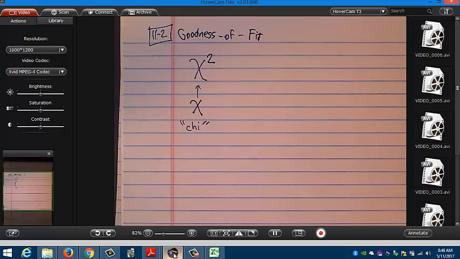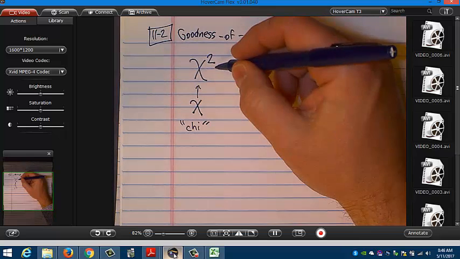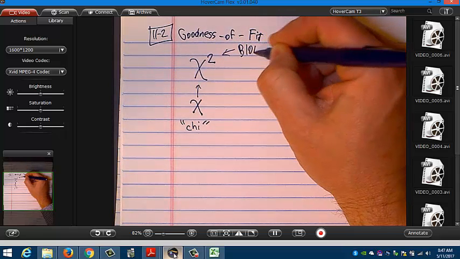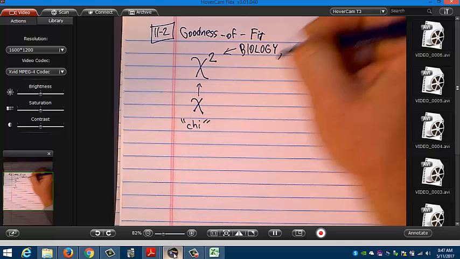Remember, we just had R, but when we wanted to talk about a proportion of the data in linear regression, what did we do instead? We did R squared. Sometimes the square is actually part of the statistic. Probably the first statistic that I ever studied intensely, chi-squared comes up all over biological sciences, medicine.